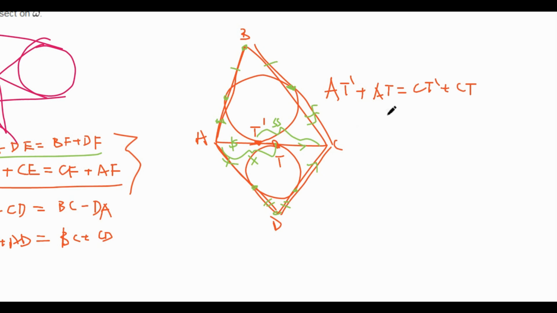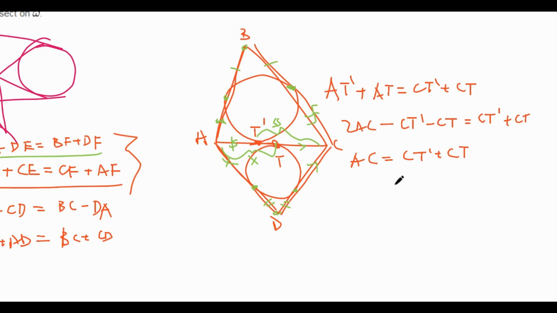How might this help us? Well, AT prime is equal to AC minus CT prime, and AT is equal to AC minus CT. So we have 2AC minus CT prime minus CT is equal to CT prime plus CT, which means that AC is equal to CT prime plus CT, right?